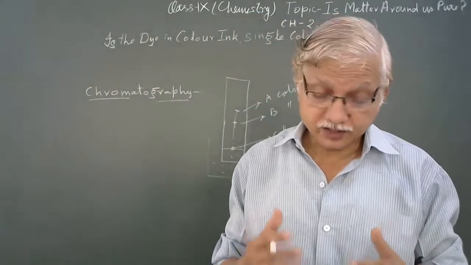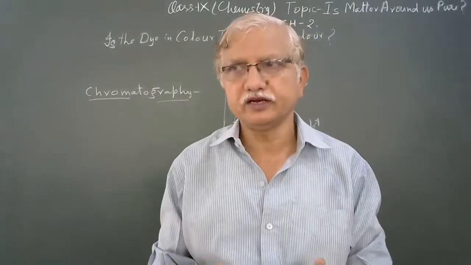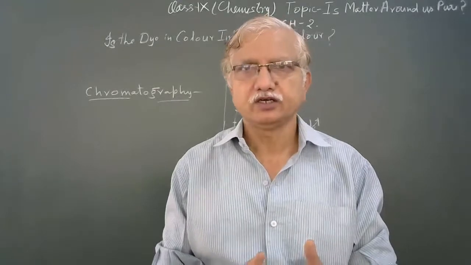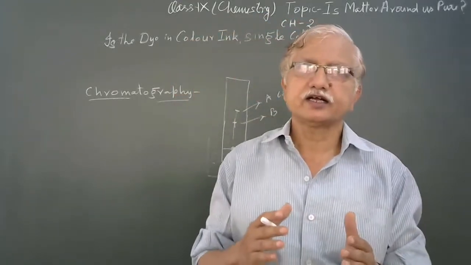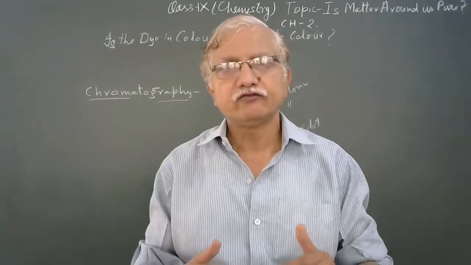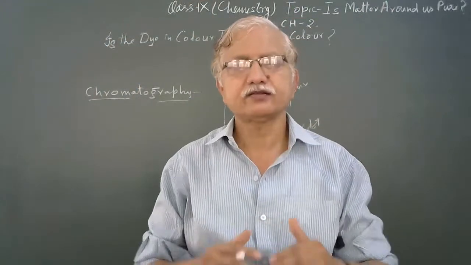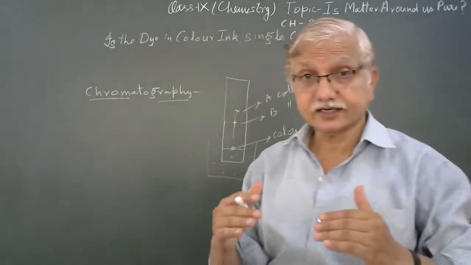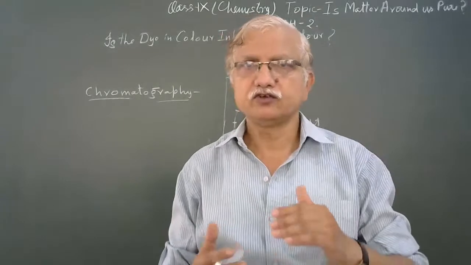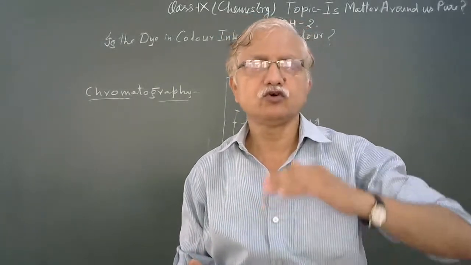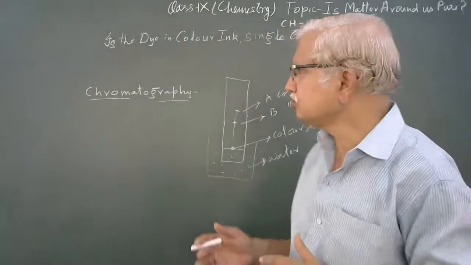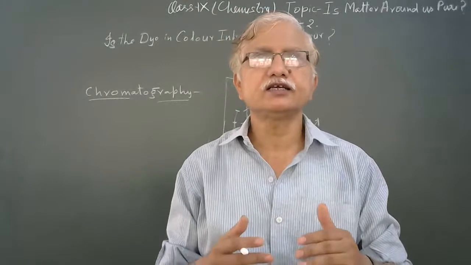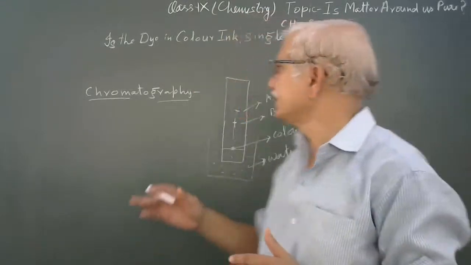And the color particle which is more soluble in the water, because different particles have different solubility, will rise fast as the water rises. Correct? And the color component which is less soluble will rise slowly. So due to the difference in their speed or difference in their solubility, they get separated.